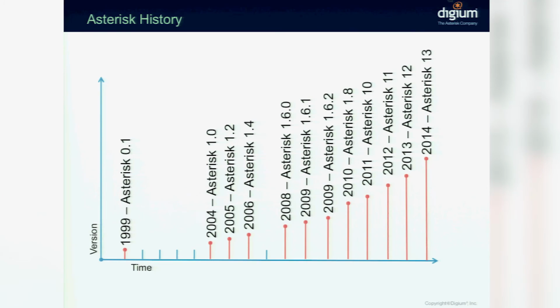But 1.8, and then we jump several versions all the way up to 10, right? There is no Asterisk 9, for example. There's 1.8 and then 10. Well, we decided that, hey, we've been doing this 1 point something for quite a long time. Why don't we just go ahead and say the version number is 10 going forward? And so that's why you suddenly see 1.8 to 10.